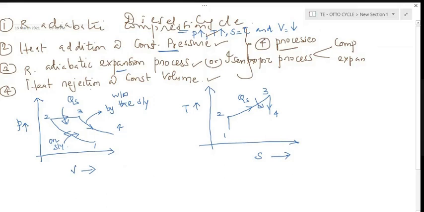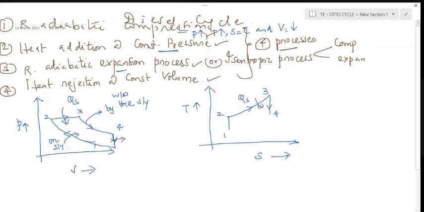And the final process is heat rejection. In the case of heat rejection, definitely the temperature gets decreased. Here the process is considered as constant volume, so you can plot like this.